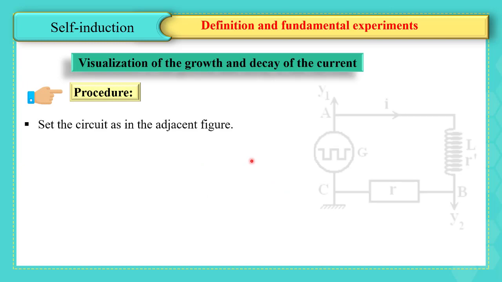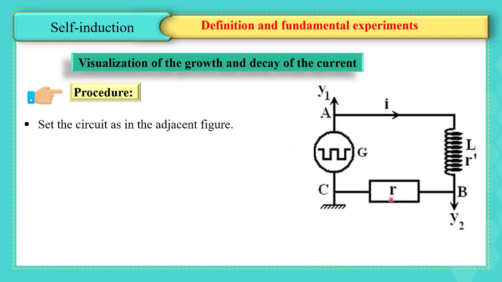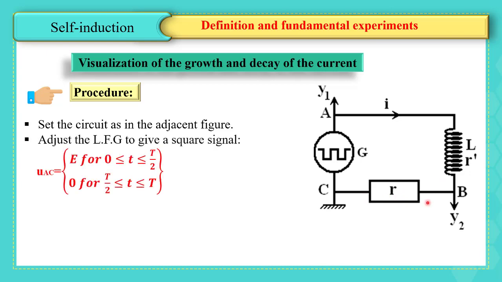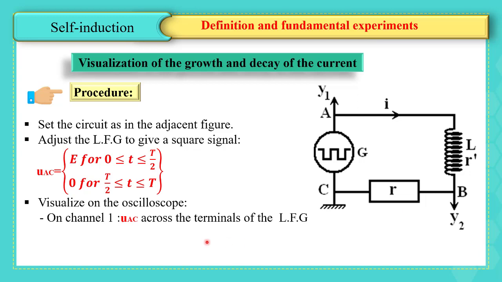The coil is connected in series with the resistor, and we connect the channels of the oscilloscope in order to visualize on channel 1 the voltage UAC across the terminals of the generator, and on channel 2 the voltage UBC across the resistor. Note that the generator is delivering a square signal of value E in the first half period and 0 in the second half period.